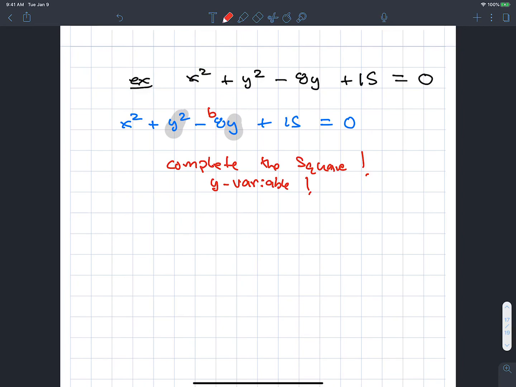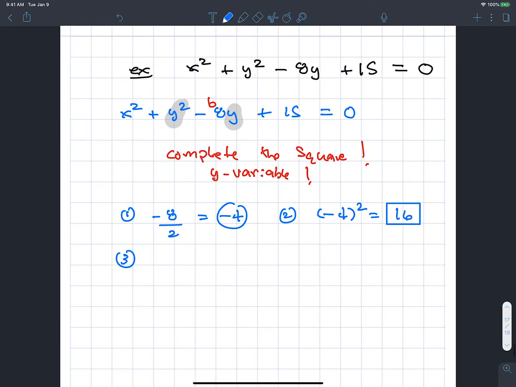So when you complete the square, it's going to be right there for the y variable, which means my b is -8, and I divide by 2. We get -4 for the first step. -4 squared is +16. So those are the first 2 steps in complete the square.